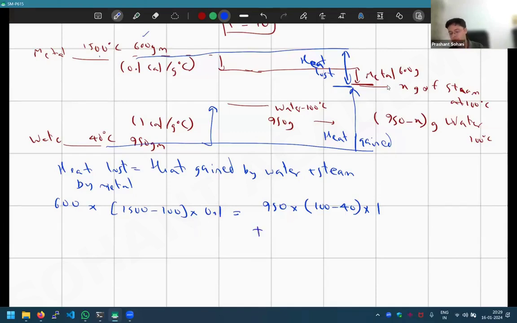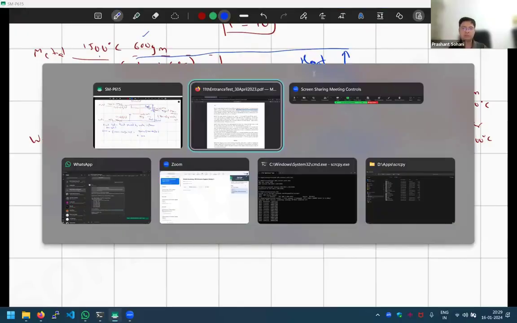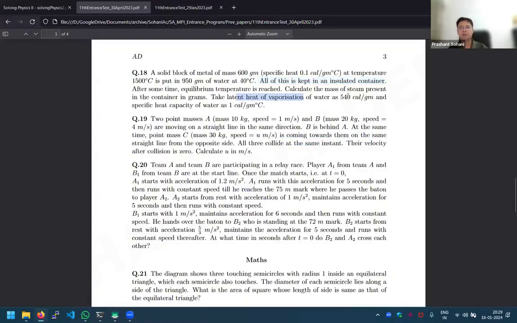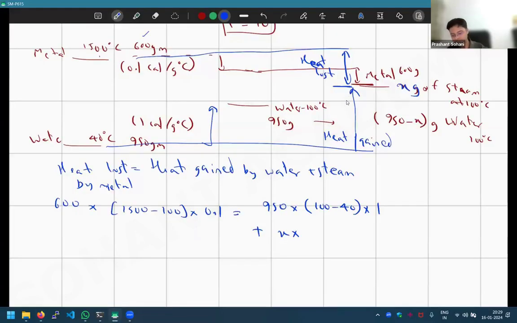Plus, only the part which has become steam is going to absorb the latent heat. Here, x grams of steam has emerged, and we are given the latent heat of vaporization as 540 calories per gram. So x into 540 calories per gram. This is the total heat gained by the water plus steam. And you can see that x is the only unknown variable, so we should be able to solve for it directly.